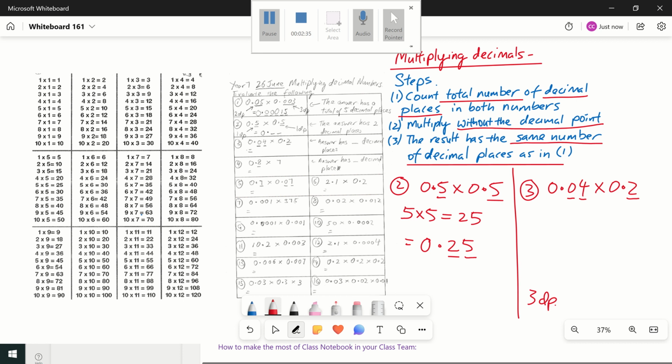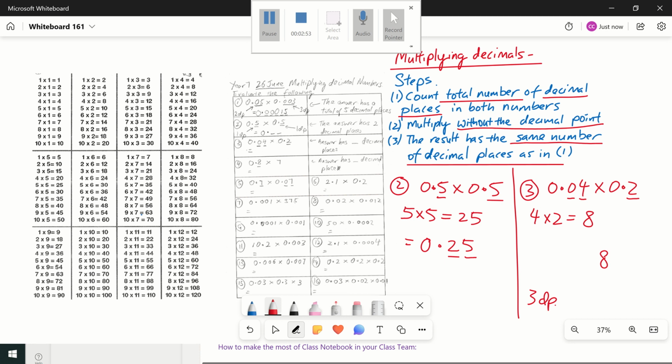Now, what we're going to do next is we're going to multiply the numbers as if the decimal points don't exist. So we go 4 times 2. That gives us 8. So because our answer is going to have 3 decimal places, I start off by writing 8.